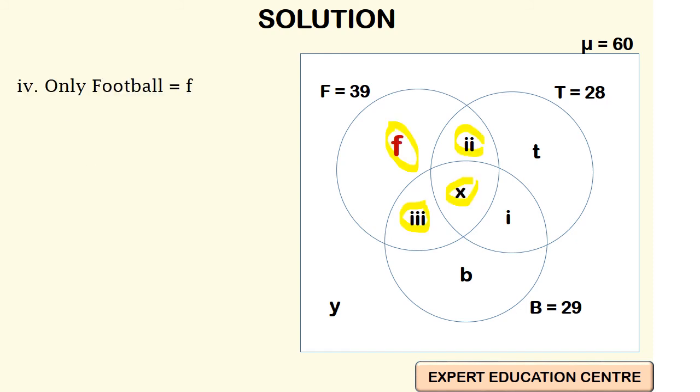Our next question is, how many of these women watch only football? Represented by F. Note that football has 39 women. But if you look at the circle representing football, you will notice that that circle has some subsets in it.